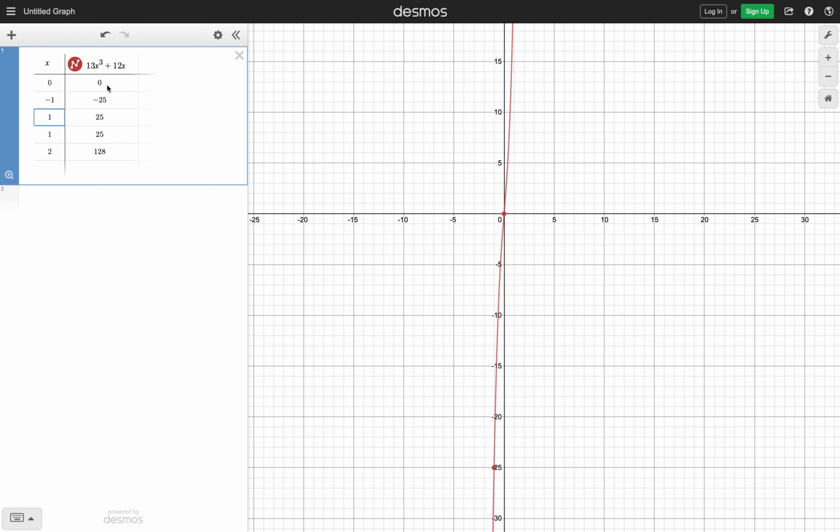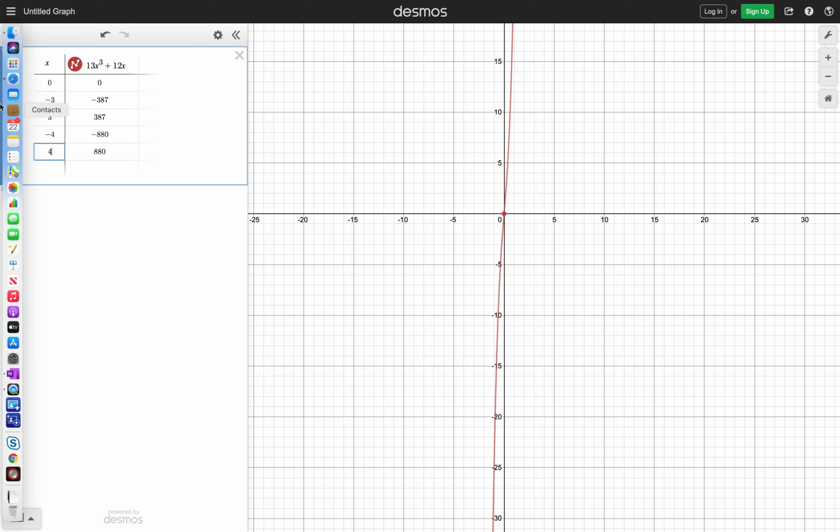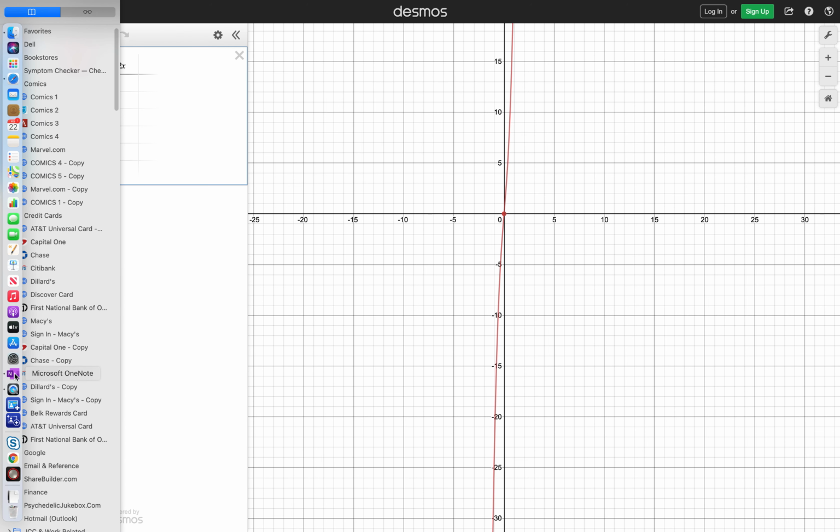And notice we have opposite sign outputs with negative and positive 25. And if I go with negative and positive 2, guess what? I have opposite sign outputs with negative and positive 128. And I can continue the trend, like negative and positive 3, as well as negative and positive 4, and I still get opposite sign outputs. So if you have opposite sign outputs for opposite sign inputs, that function is going to be odd.